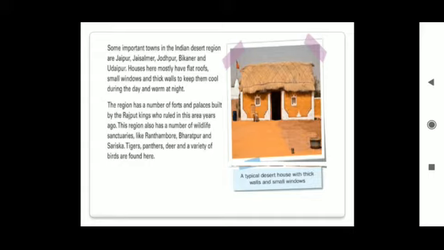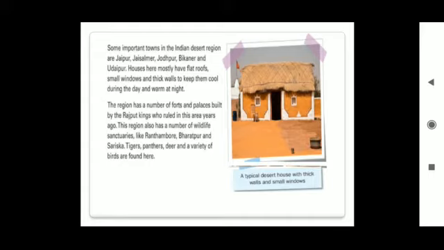So that they can keep themselves cool during the day and warm at night. The region has a number of forts and palaces built by the Rajput kings who ruled in this area years ago. Here we find many palaces and forts. If at all you happen to visit, as I said, you will see many forts.